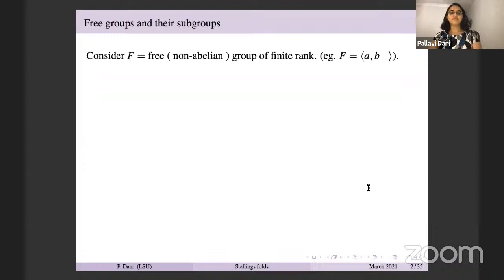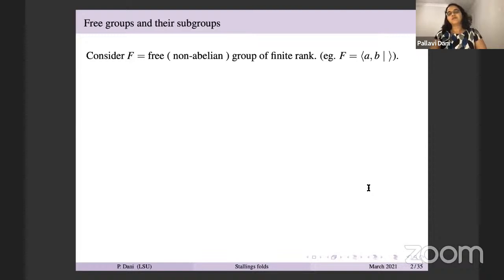So by a free group, I mean a free non-abelian group of some finite rank. So you can just think of a free group generated by two letters A and B. So this example is a rank 2 free group. So the rank is just the minimal number of generators that you need to generate the group.